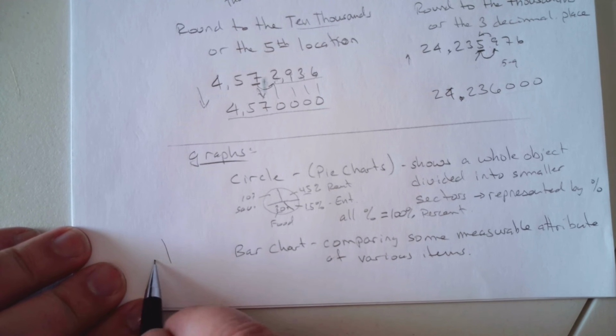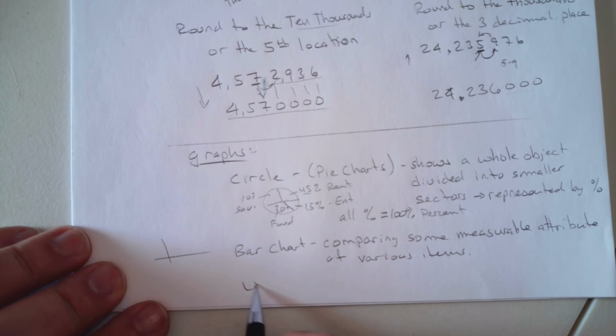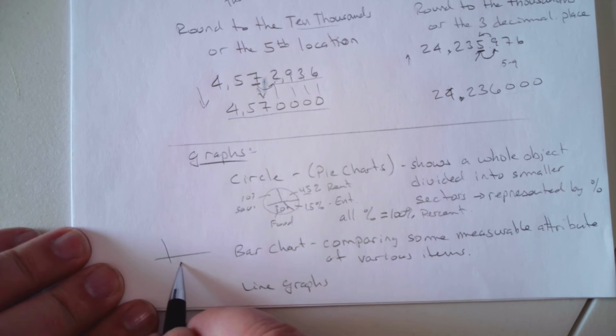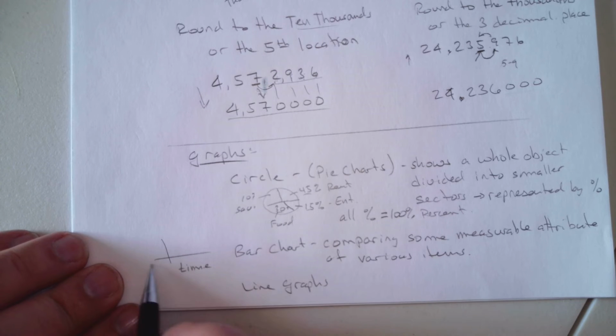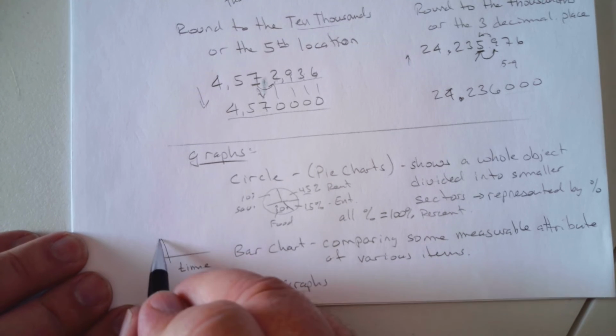Okay, in bar charts and in the next one, line graphs, the x-axis, if you ever deal with time, the bottom axis, always deals with time.